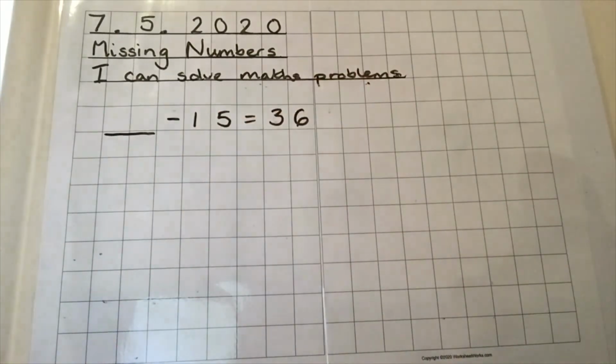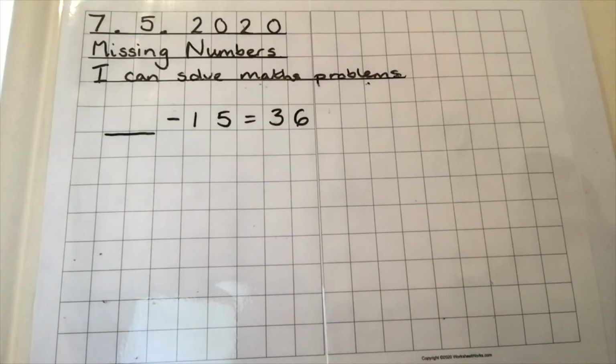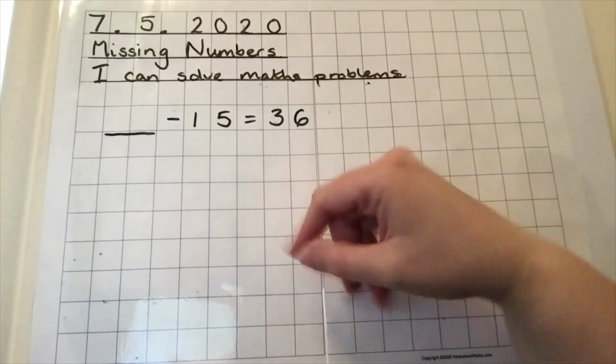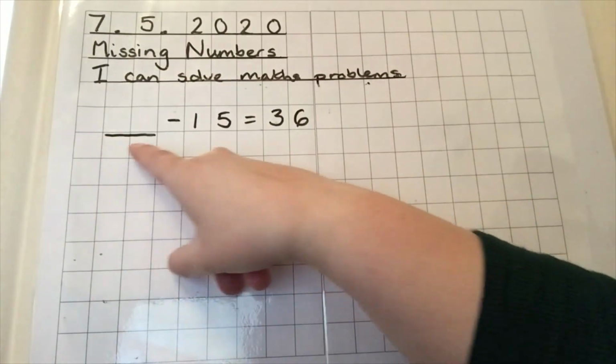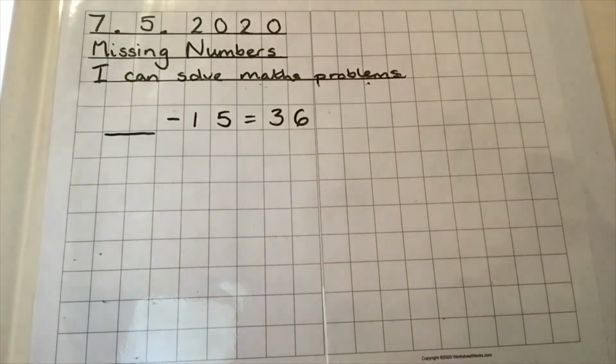It's our big number. So if we need to find our big number out, what kind of question gives us our big number at the end? Because remember, we want to always be moving this missing number to the end. So think about your fact families.